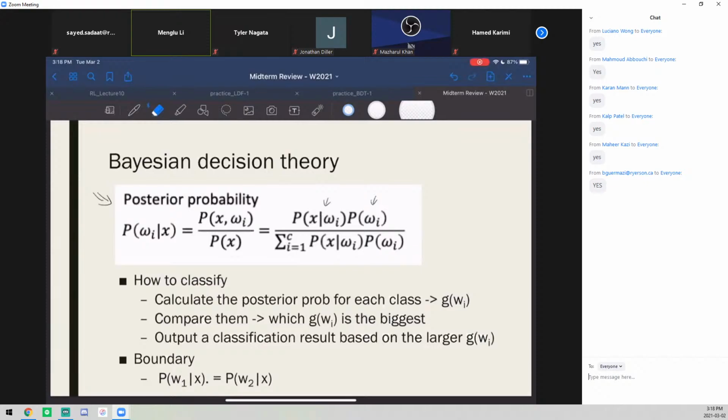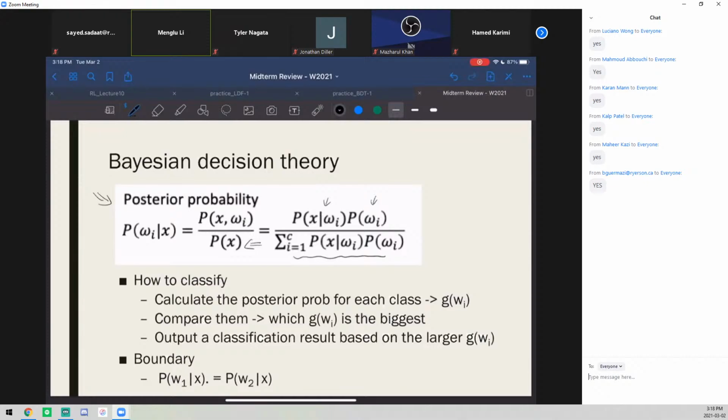For the denominator, we can calculate it by the sum of the joint probability. Summing up the joint probability of W1 and X and the joint probability of W2 and X will give us the total probability of X.